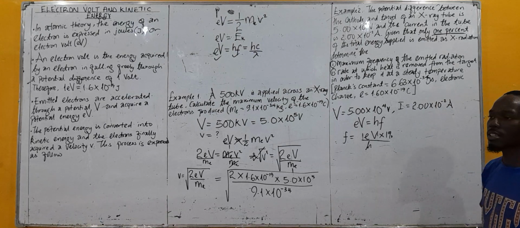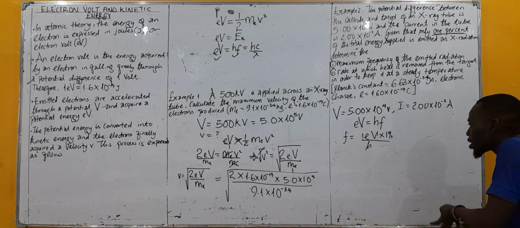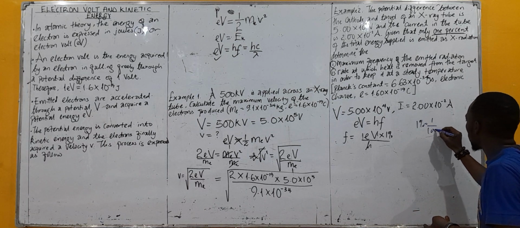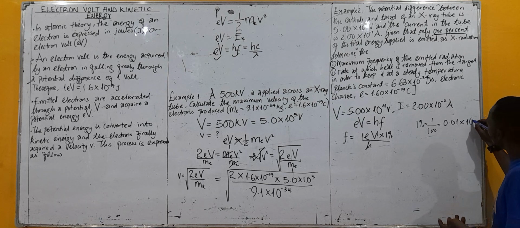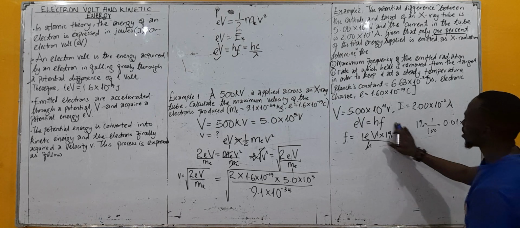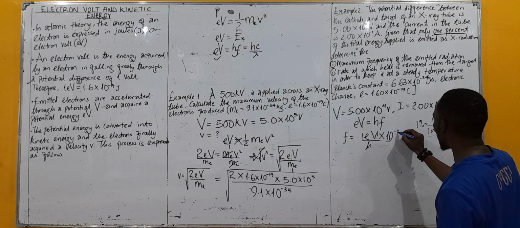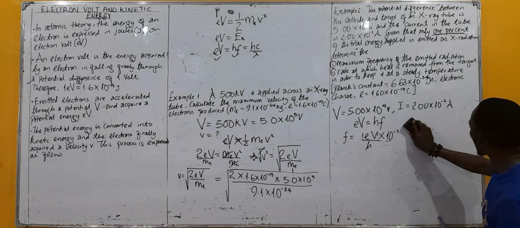And 1% is the same thing as 1 over 100, which is the same thing as 0.01, which is the same thing as 10 to the power of minus 2. So I would love to use 10 to the power of minus 2. It makes my calculation very, very straightforward.